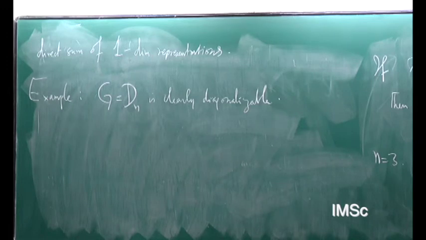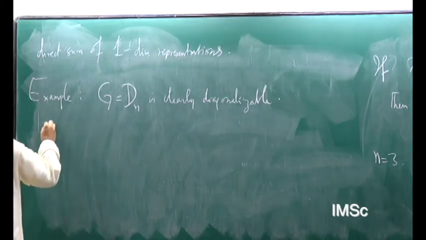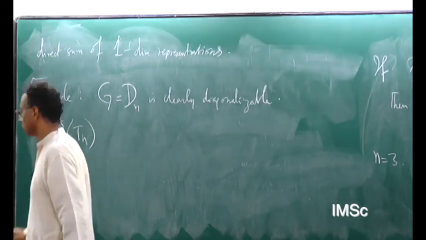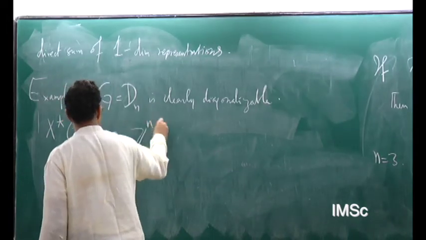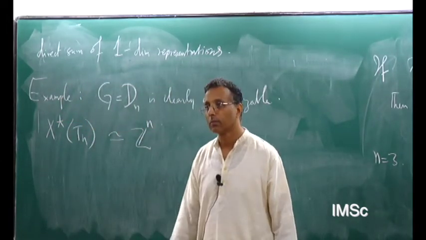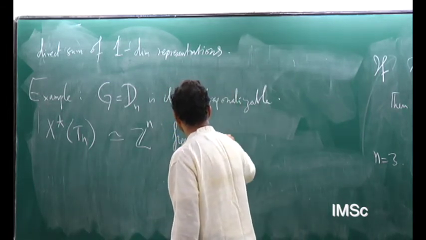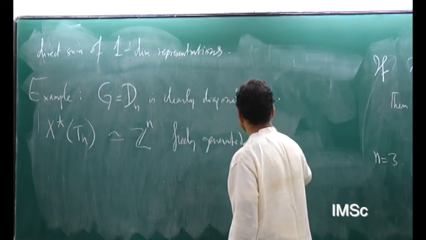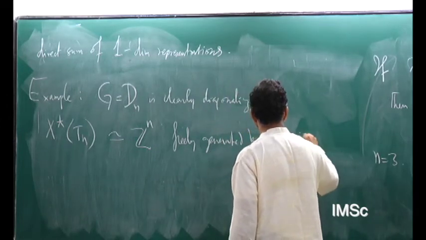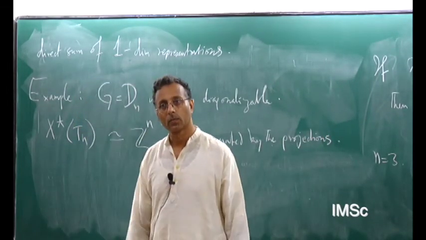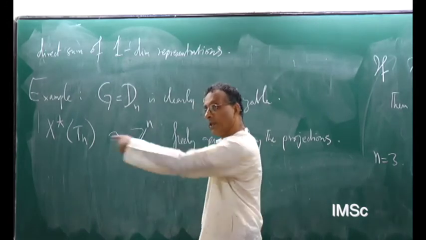I can multiply projections, that's also a character, right?